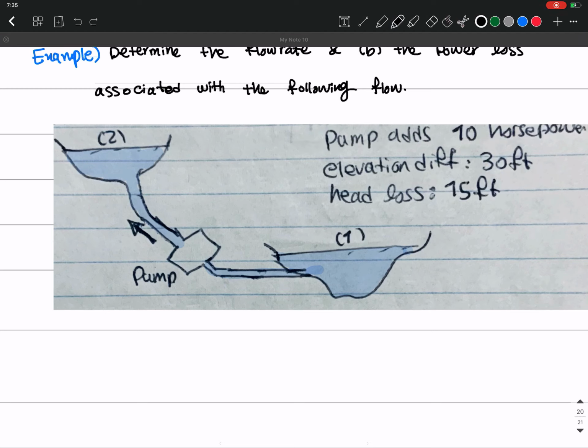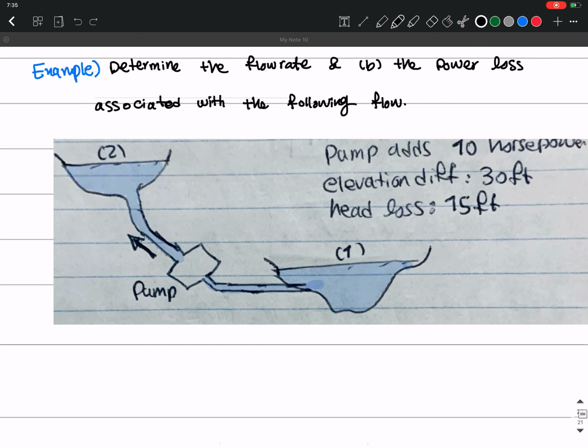Okay, so now let's see how we can find the flow rate. We want to find first the flow rate in this pipe, and also the power loss associated with this friction.